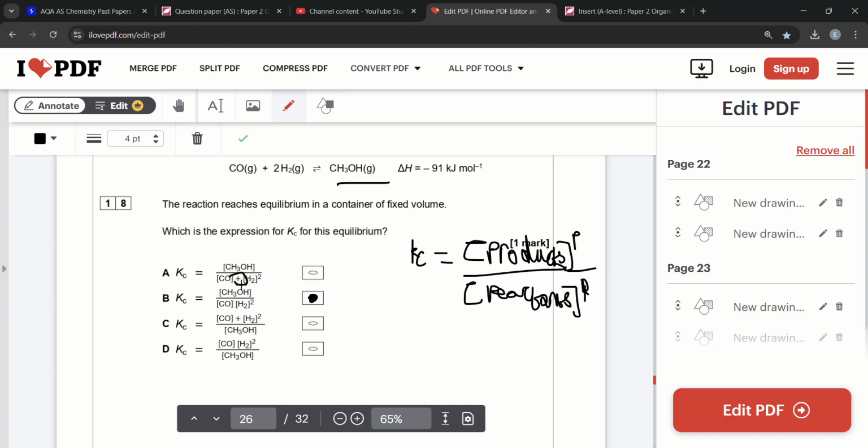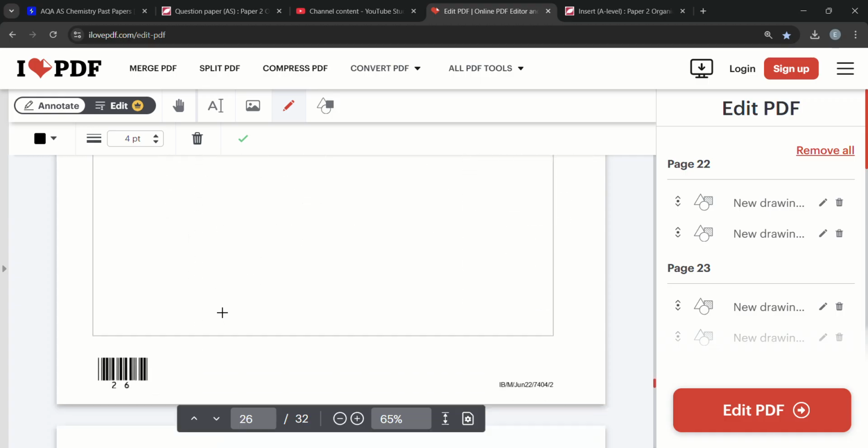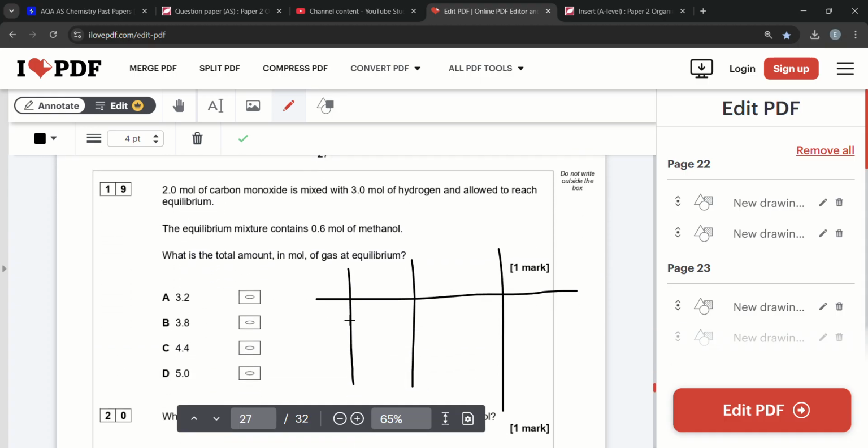We don't add them, we just leave it like that. So in this case we times them.